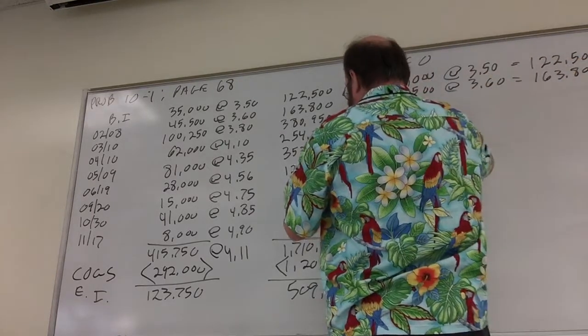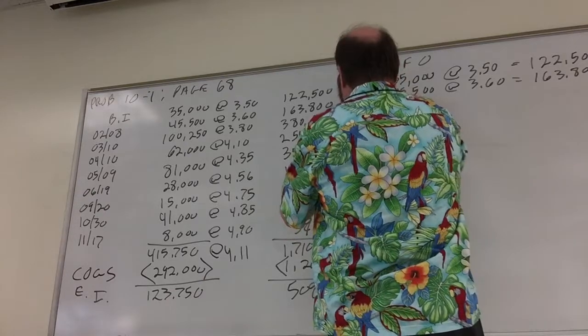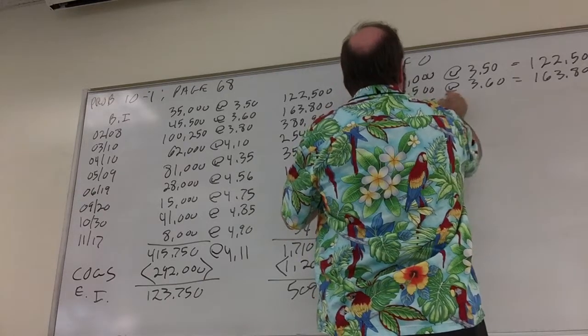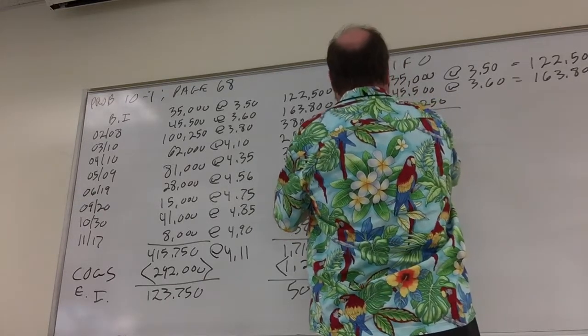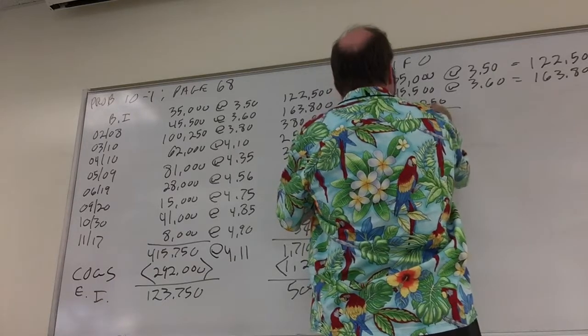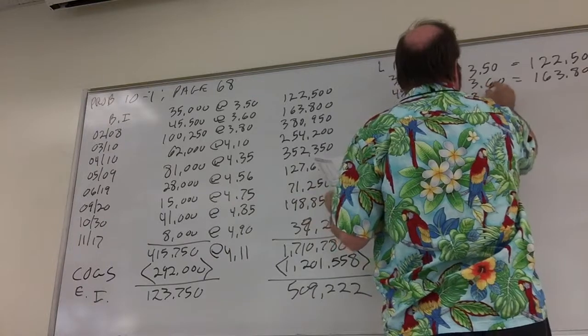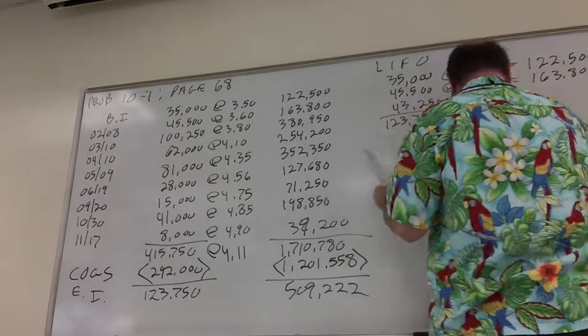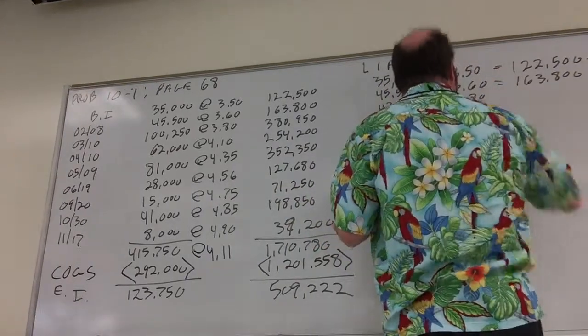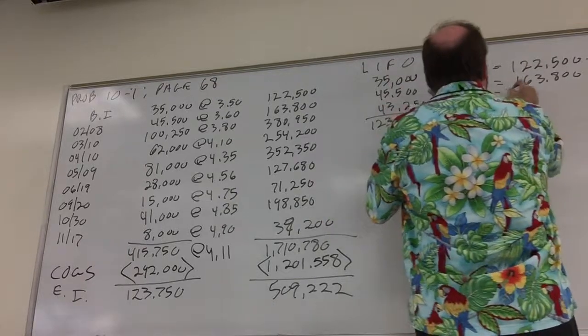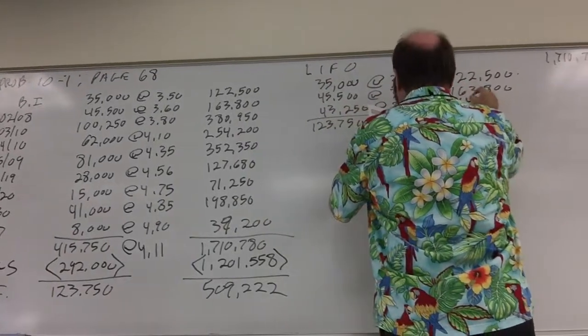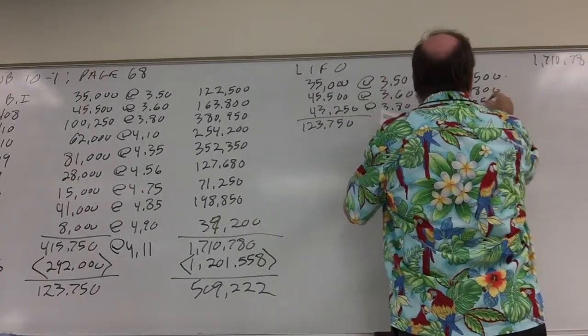And that leaves you with 43,250 to come up to our 123,750. And these are at $3.80. That's 164,350.